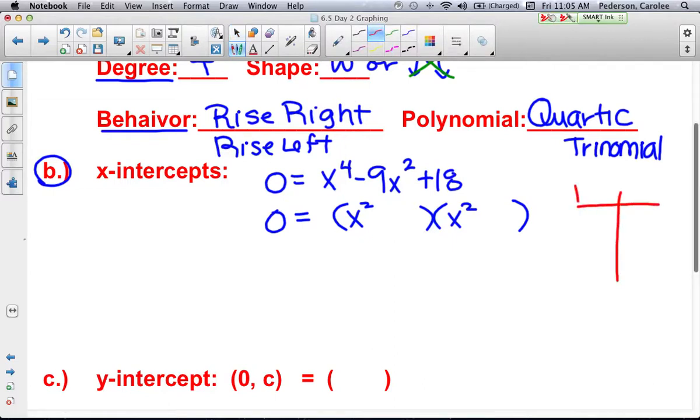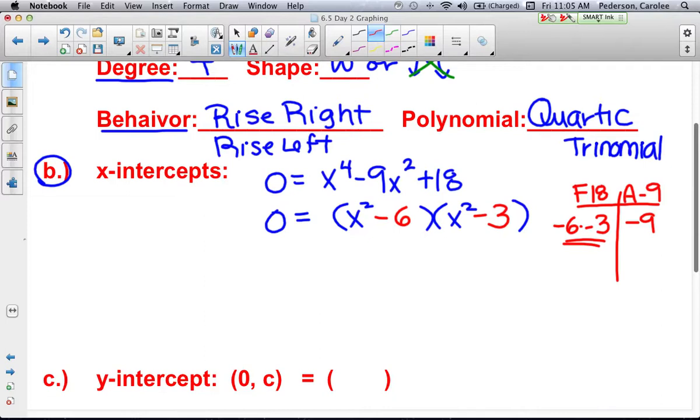And we say, what are the factors of C, so 18, that add to B, which is negative 9. So we look for different multipliers of 18. Well, negative 6 times negative 3 adds to negative 9. So the numbers we work with are the negative 6 and the negative 3. They go right here and right there.